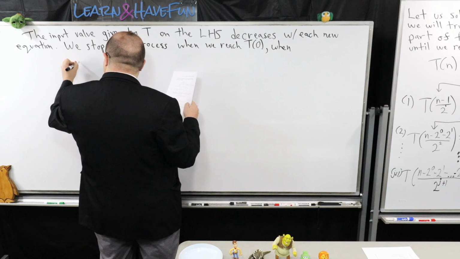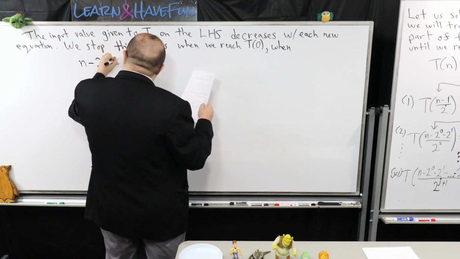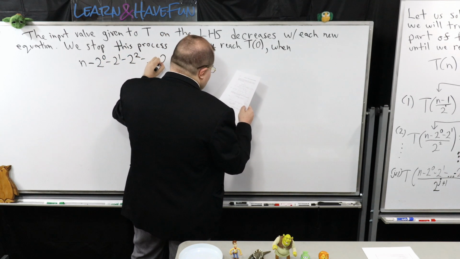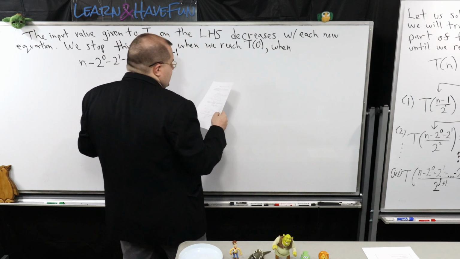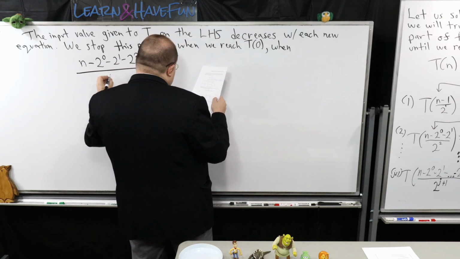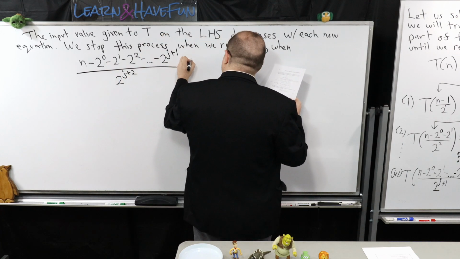This is kind of the big trick with this. I want to know specifically when this, up to 2 to the power of j plus 1, over 2 to the power of j plus 2, is equal to 0.